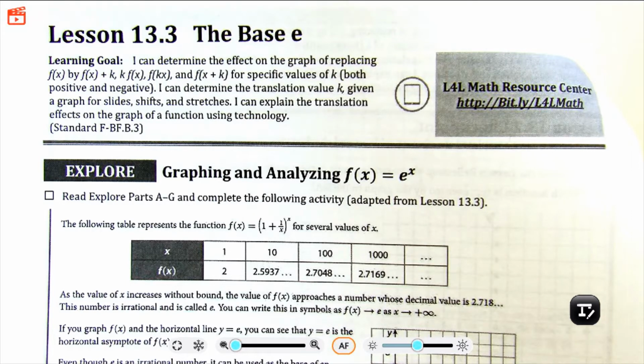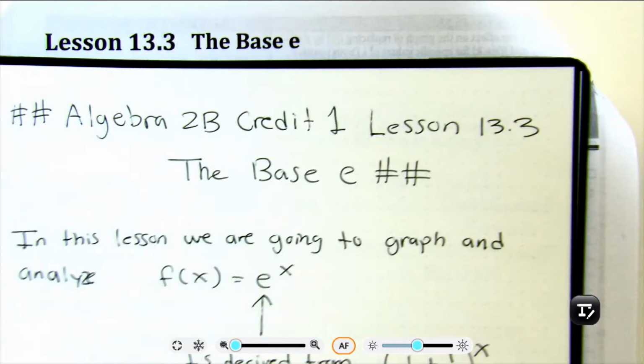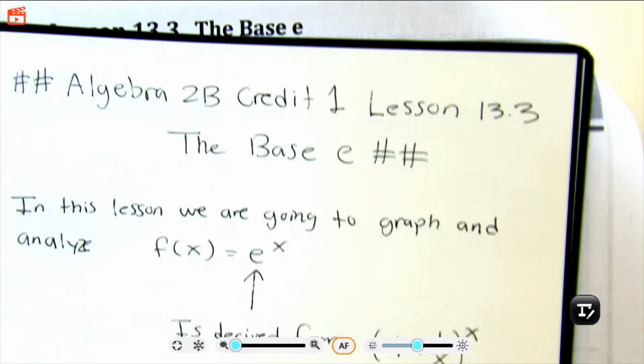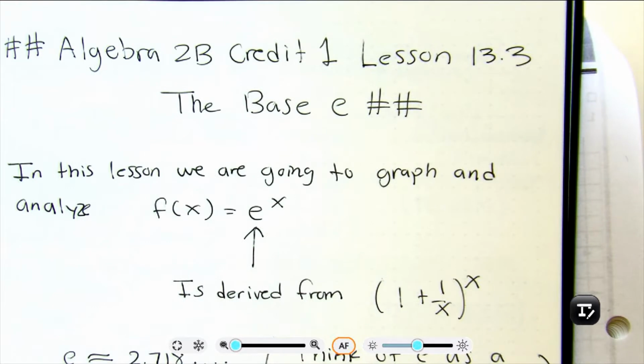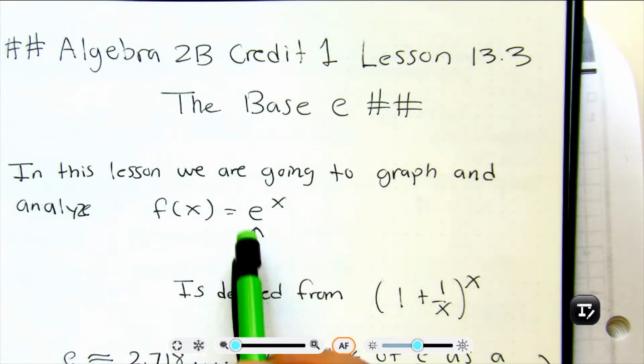So let's talk about what e is. e is a special number. Let me show you my notes. What we're looking at is how we can graph exponential functions where the base is e.